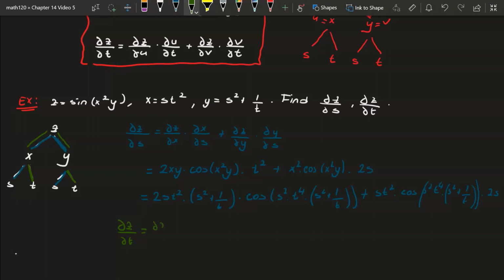Here we'll have del z over del x times del x over del t plus del z over del y times del y over del t. It's an exercise for you.